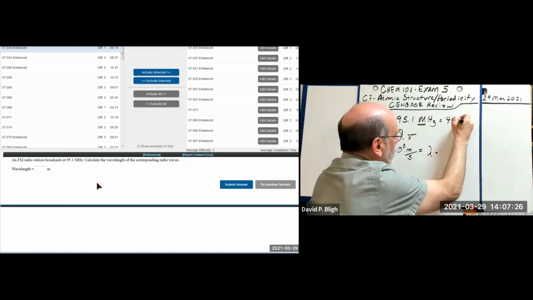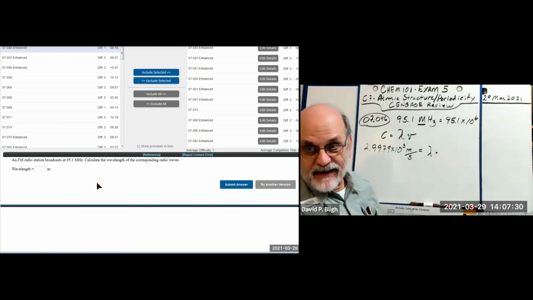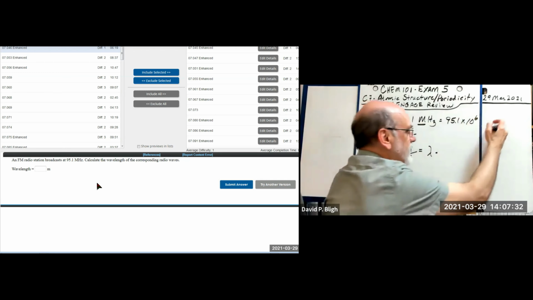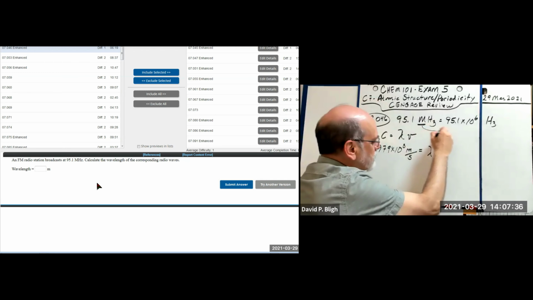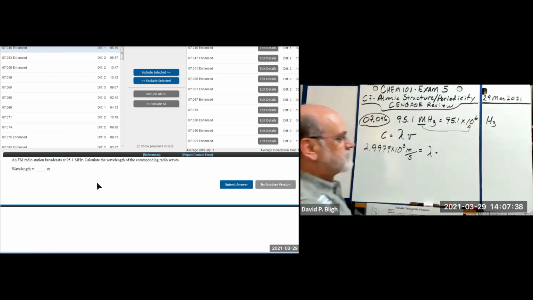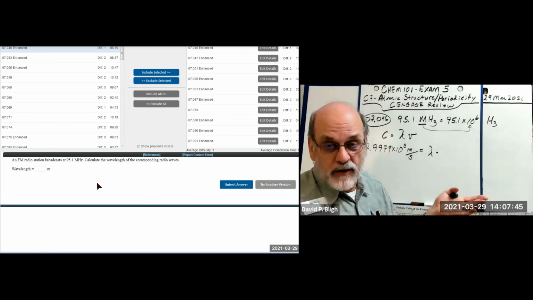Well, it's 95.1 times 10 to the 6th for the mega, and then hertz. Okay, so we just put this thing right there. And since your calculator doesn't care whether it's in scientific notation, just exponential is good enough.